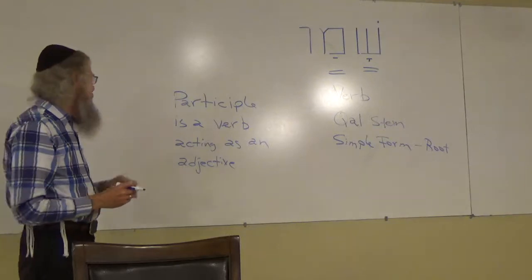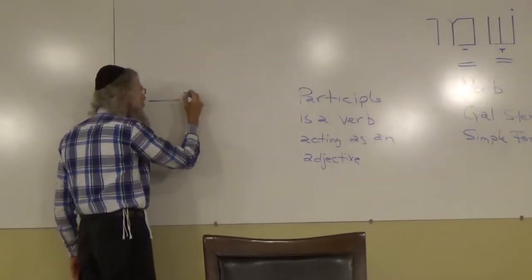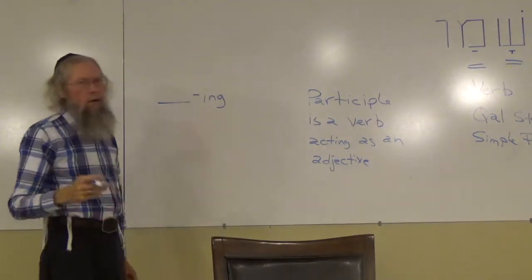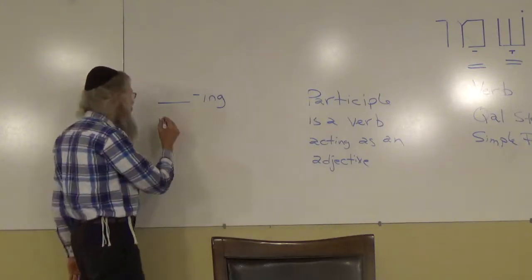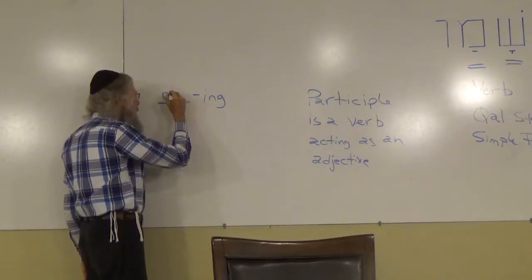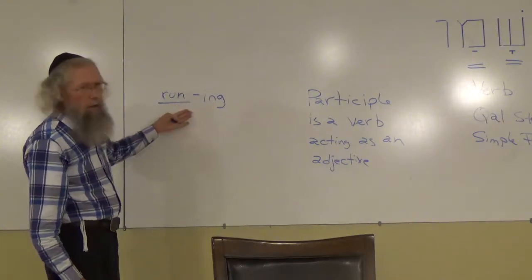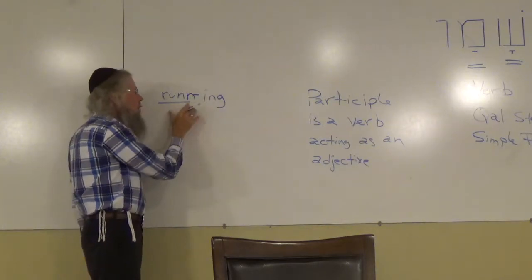And the way you do that is you take the verb, in English, and you add the ending ing. So the verb to run. Okay? Now, of course, you're going to double the n here, right? Okay? So it will become running.